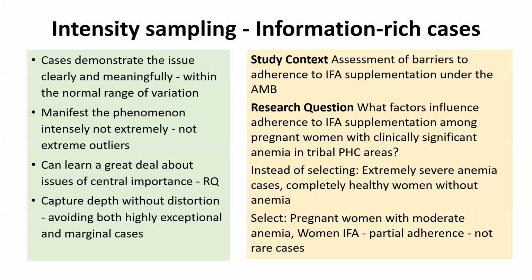Even if I am saying barriers here, understand that there is no point recruiting individuals who have severe anemia, who are at the extreme ends of the hemoglobin levels towards the negative side, but it would be more worthwhile to select pregnant women who have moderate anemia and who have been reported to have partial adherence for IFA tablets which have been dispensed to them.